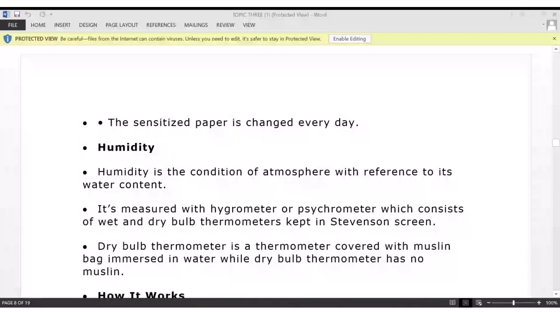Having looked at this, I would like to give you a task: go and do research on the other instruments, the ones that measure humidity, the ones that measure the strength of wind, the direction of wind, and even the speed of wind.